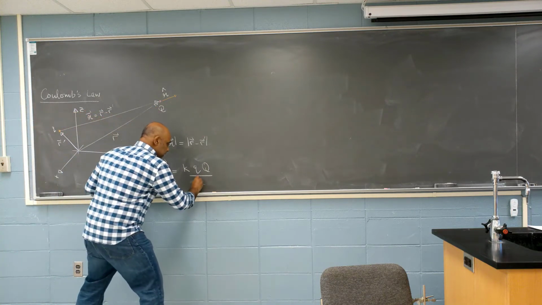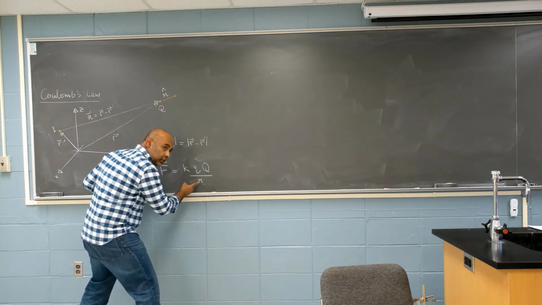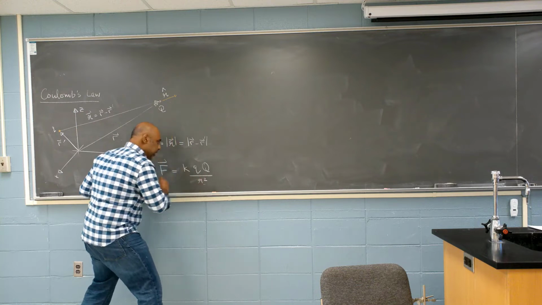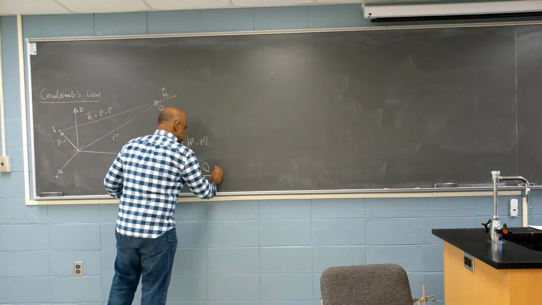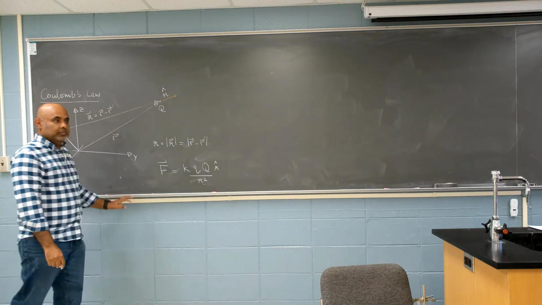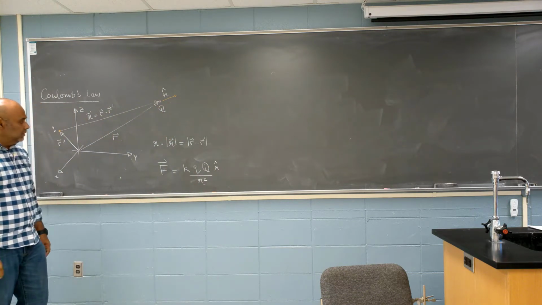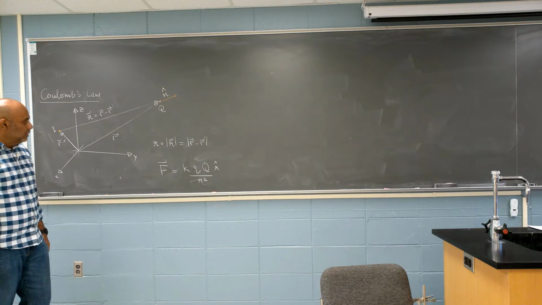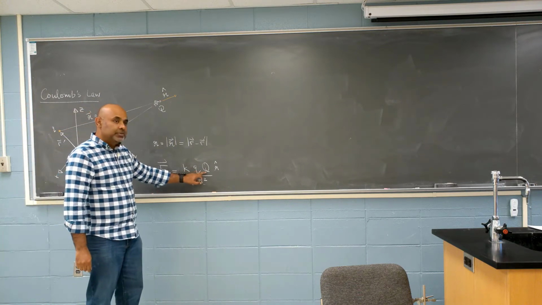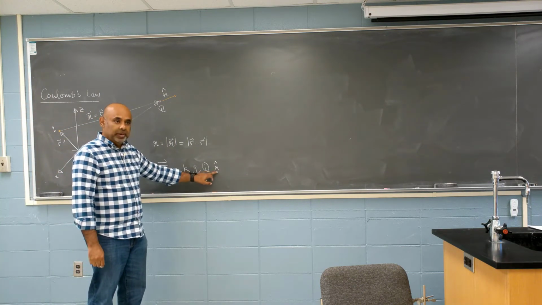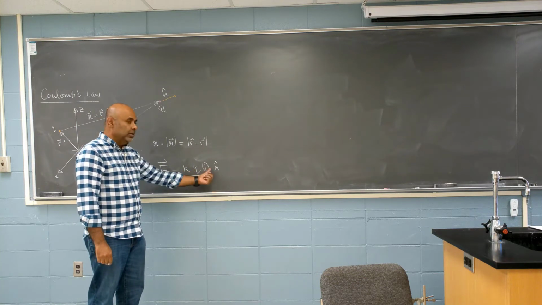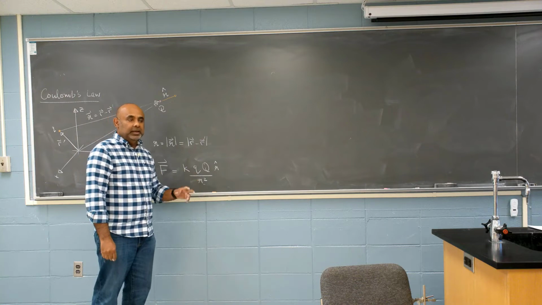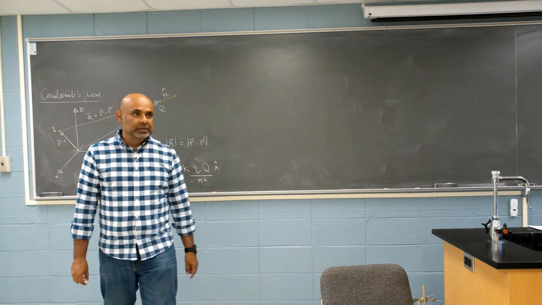So it is this squared. And what's the direction? R hat. And if little q times big Q is positive, it's a repulsive force. If the product of these two is a negative number, it's an attractive force, meaning opposites attract.